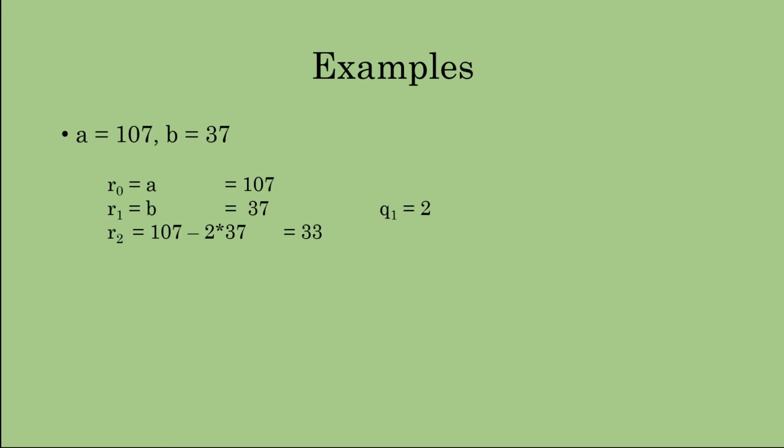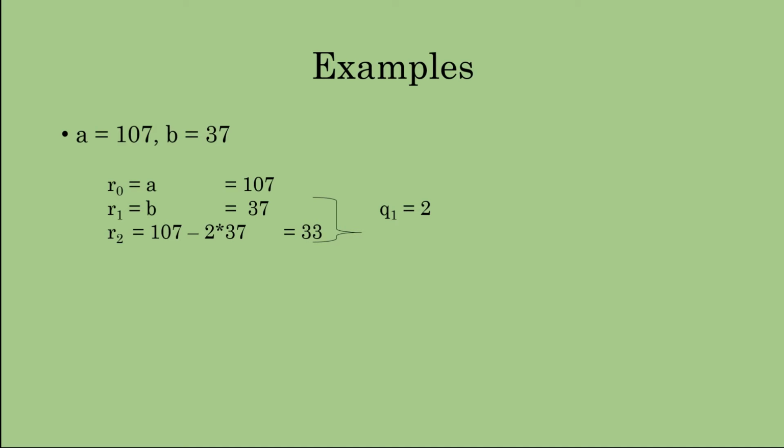What we're doing is maximizing this number, Q sub I, which is the coefficient. The maximum that Q sub 1 can be, in order for the next number in the sequence to be positive, is 2, because we have 107 minus 74, and that gives us 33.